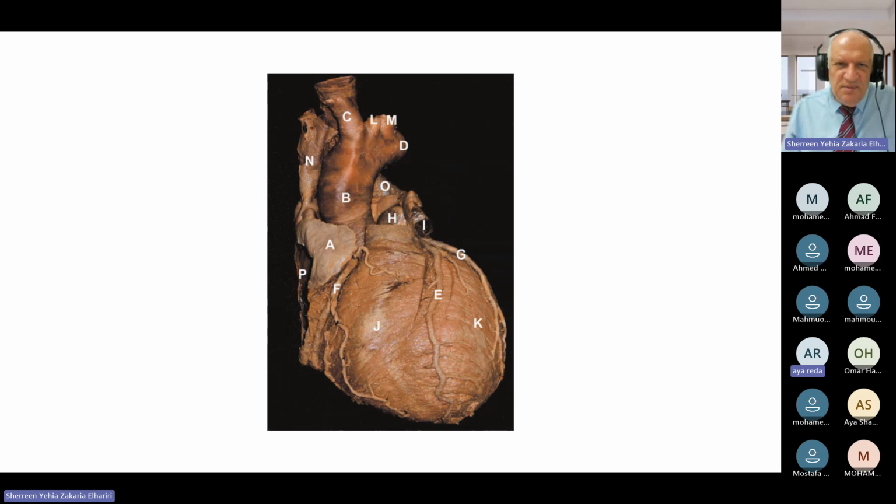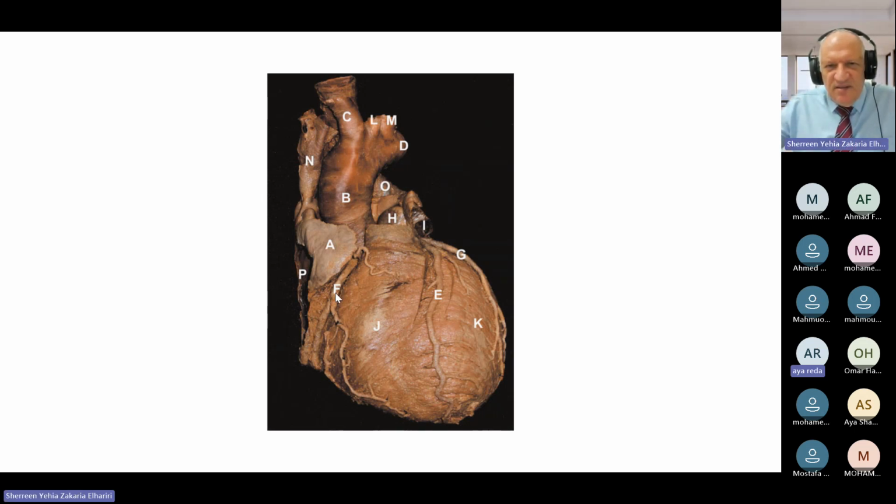Okay. A, B, C, D, E. Where is E? E is here. Something in the blood supply of the muscle of the heart, it is anterior interventricular artery. E, F. Where is F? F is here. Yes, it is right coronary.